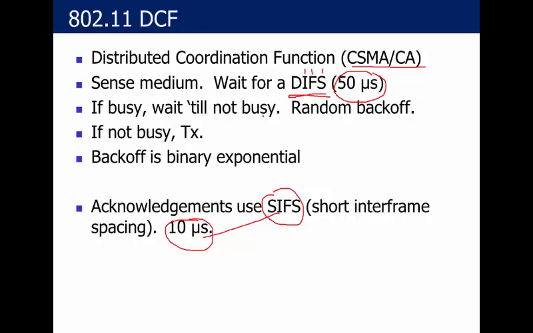So random back off. If not busy, then we can transmit. Transmit what? Packets in that order: RTS, CTS, data, and ACK. In that order.